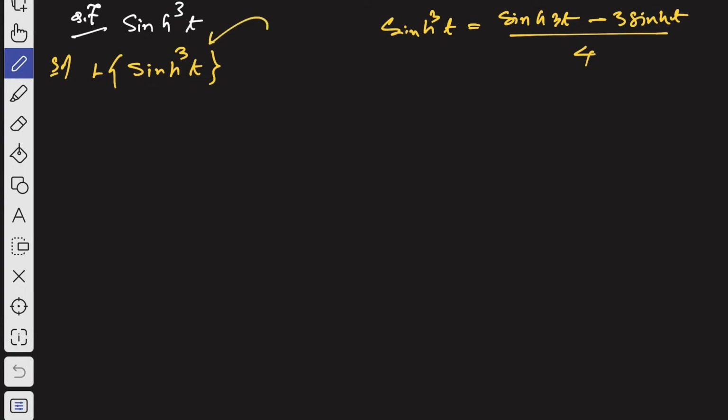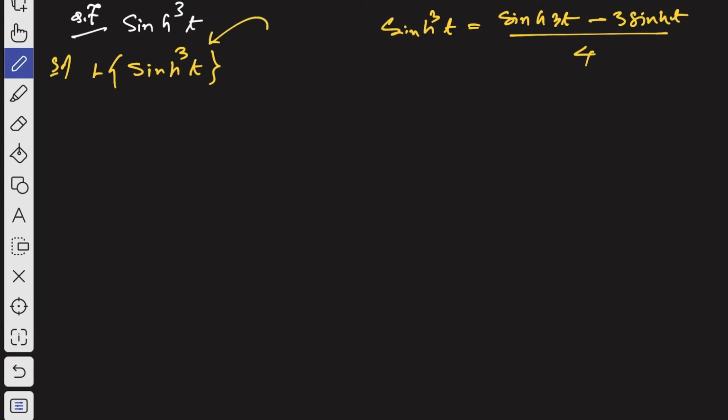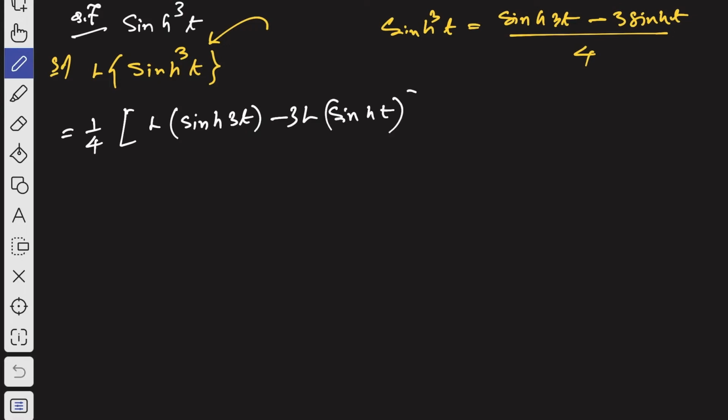So if you use this value here, you can write 1 by 4 outside, right? 1 by 4, then Laplace transformation you can write separately: sine hyperbolic 3t minus 3 times the Laplace transformation of sine hyperbolic t, right?